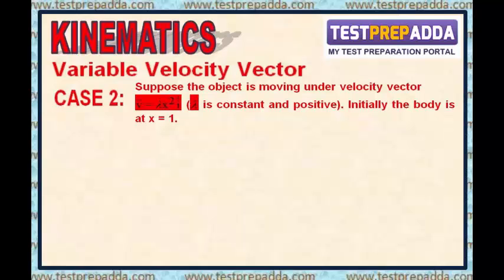So what we do here, we can write dx by dt as lambda x square. So I can write 1 by x square dx is equal to lambda dt.